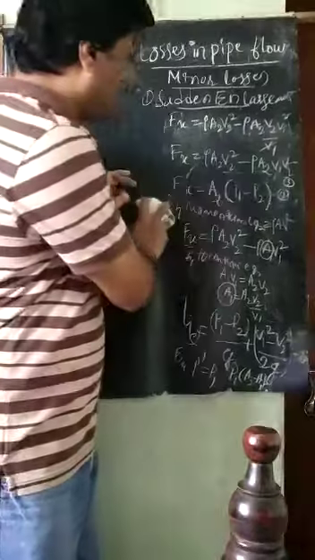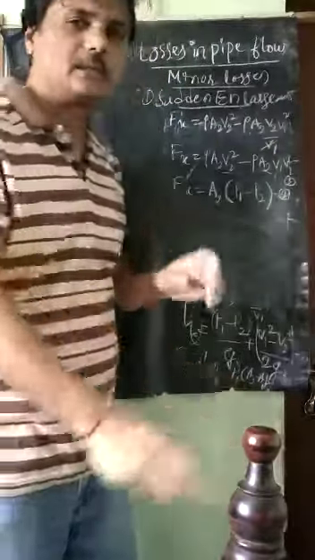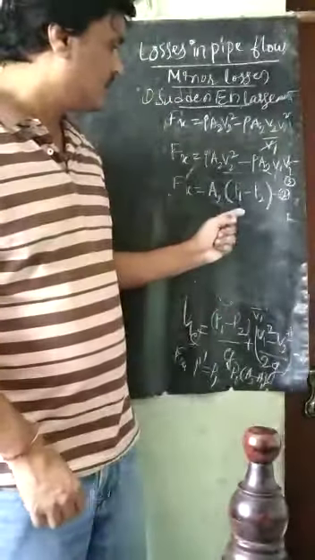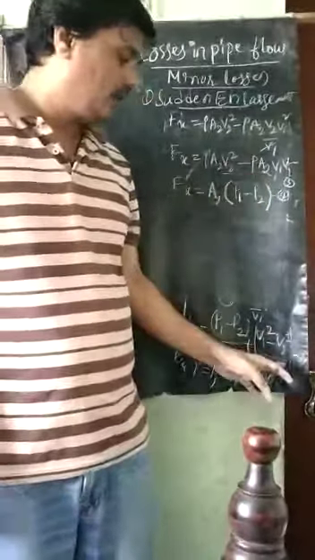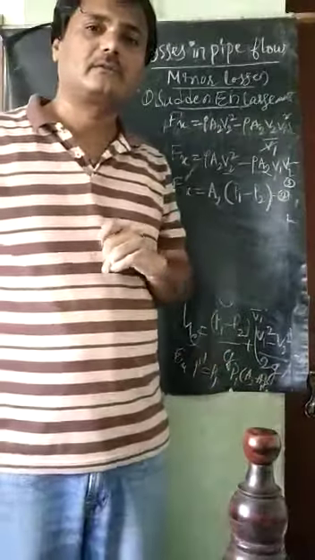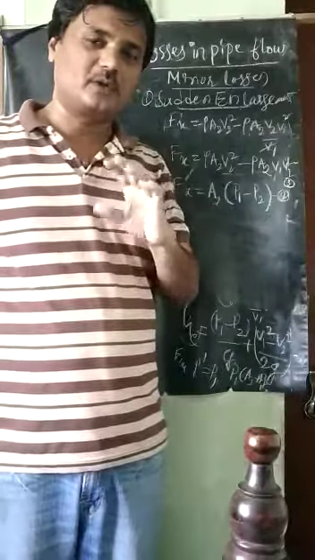Or else we will take in the next video lecture the comparison of equation number 2 and 3, and we are continuing the derivation to derive the head loss due to the sudden enlargement.